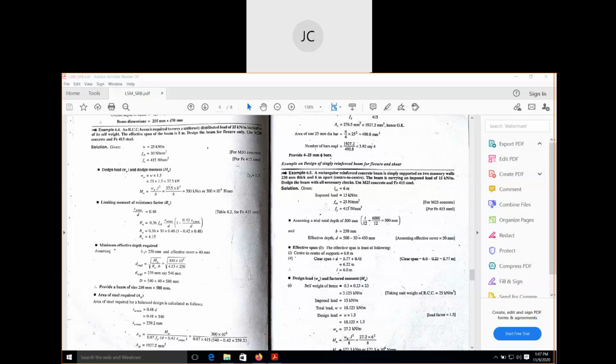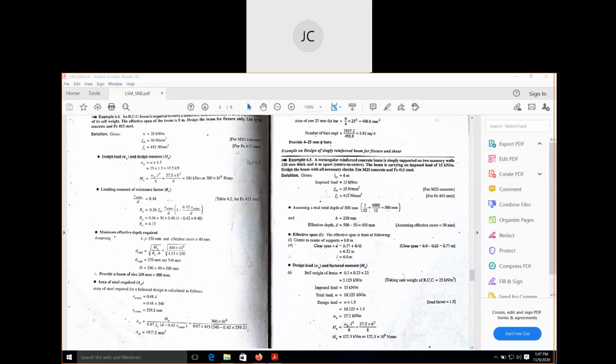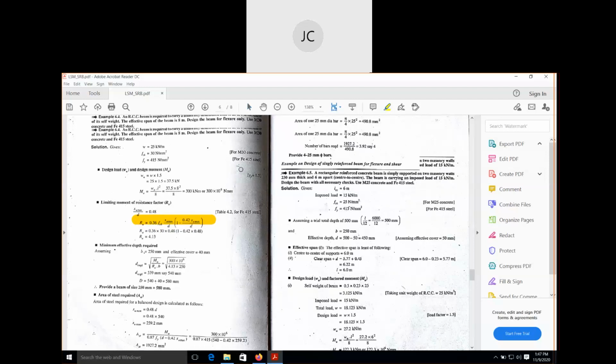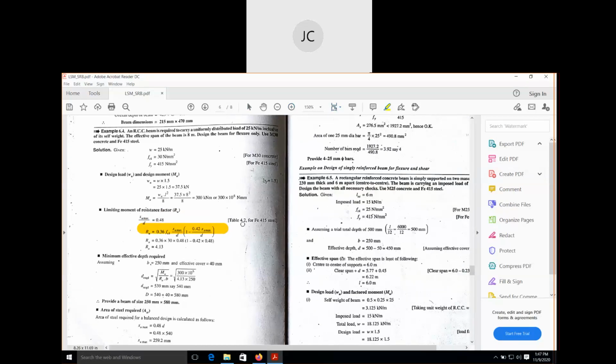Then we have to find the limiting moment of resistance. First we have to find the value of Ru. All the values are given, so we calculate it. Xu,max by d is 0.48 because the steel is Fe415.